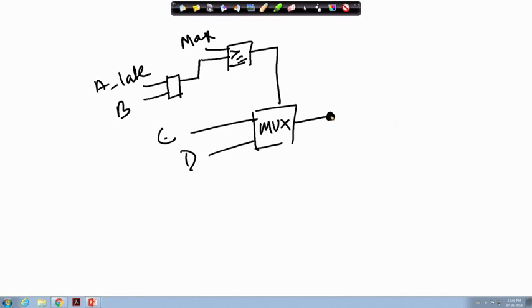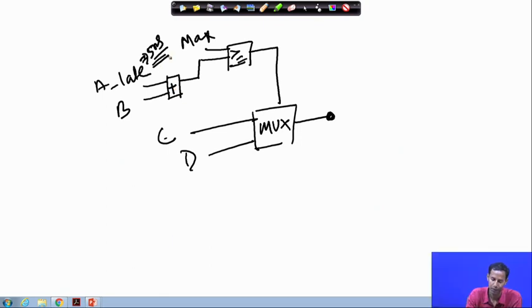Now, consider one case where the A_late signal is coming lately, suppose after 5 nanoseconds of delay. So, this is the addition operation, and as this signal itself is coming with 5 nanosecond delay, let us consider the adder as 5 nanosecond delay too.